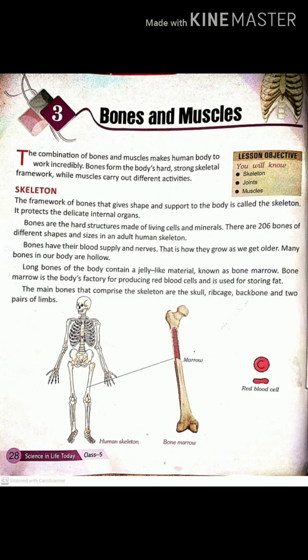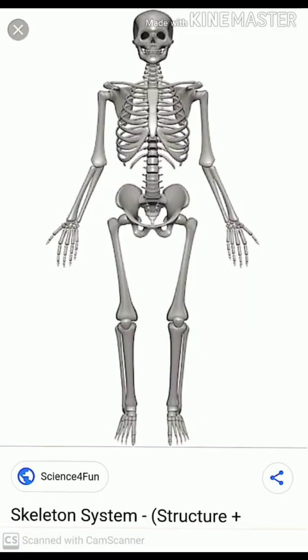Lesson 3: bones and muscles. The combination of bones and muscles makes the human body work incredibly. Bones form the body's hard, strong skeletal framework, while muscles carry out different activities. Skeleton. What is a skeleton?